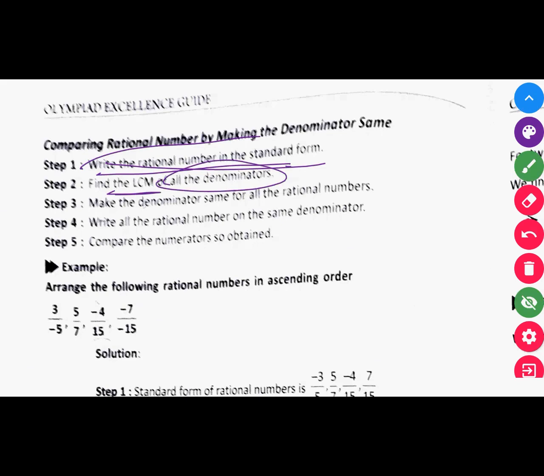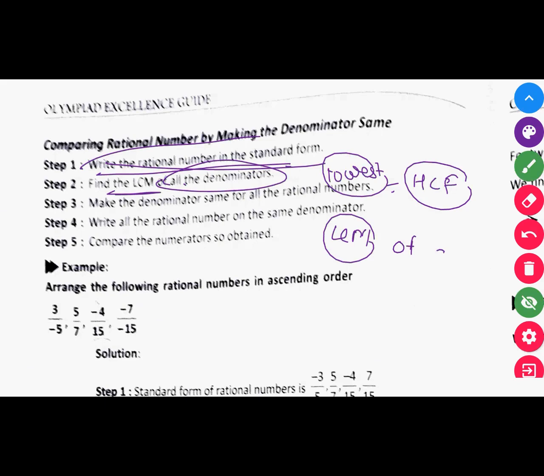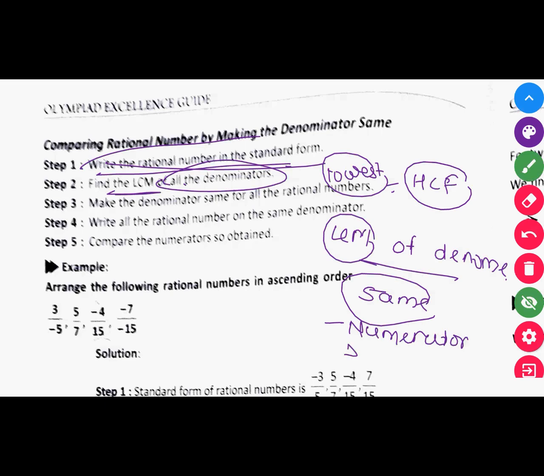Here we don't want the lowest form, so we are not going to calculate the highest common factor. We are calculating the LCM of all denominators. Why? When the denominator is the same, we can compare the numerators, and whichever numerator is greater, that number is greater, and we can arrange them in ascending or descending order.